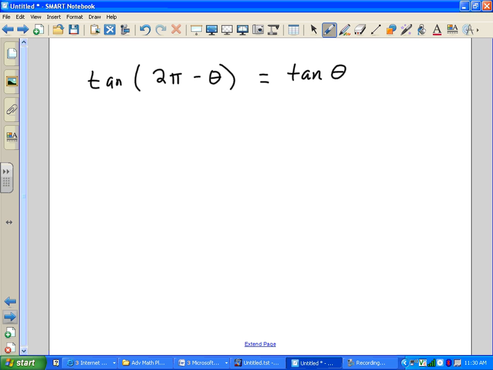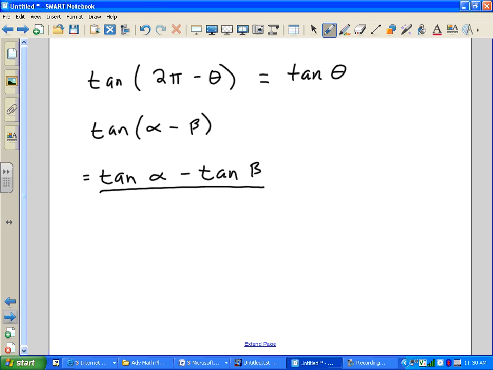Okay. So let me write that down, and we're basically just going to fill it in and figure it out. So the tangent of alpha minus beta is equal to, right, tangent of alpha minus tangent of beta over 1 plus tangent alpha tangent beta.